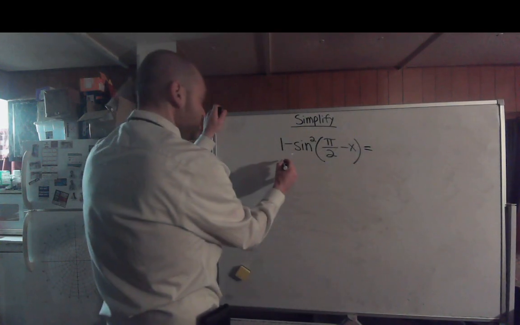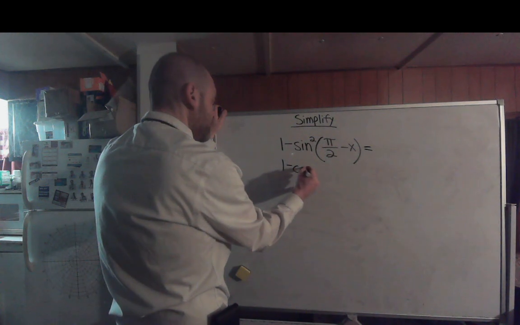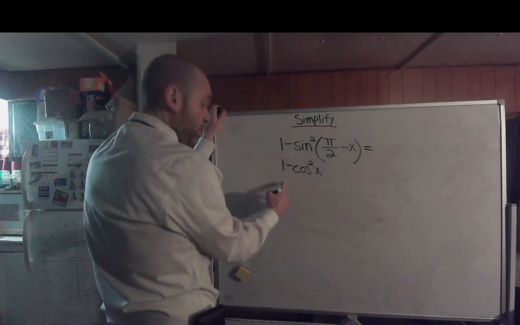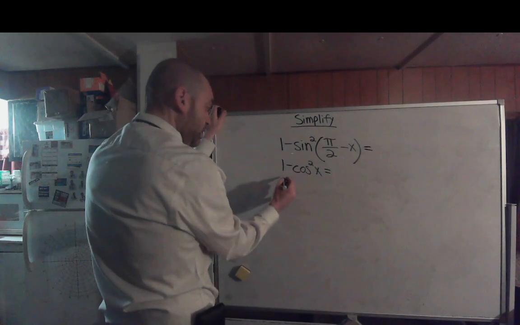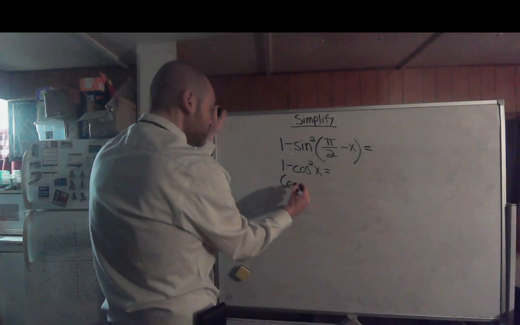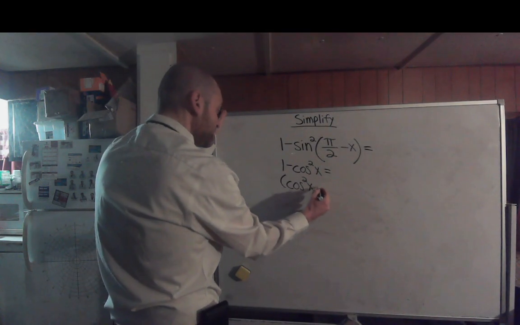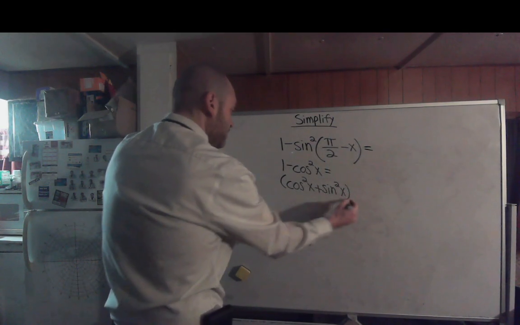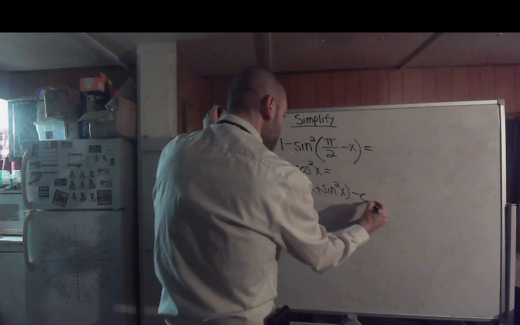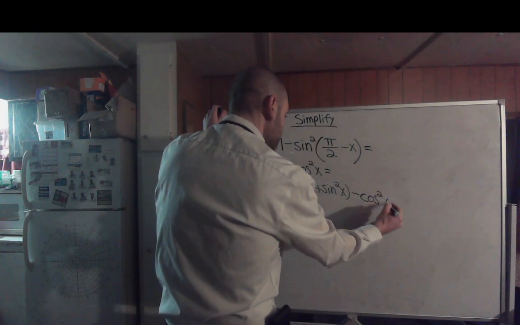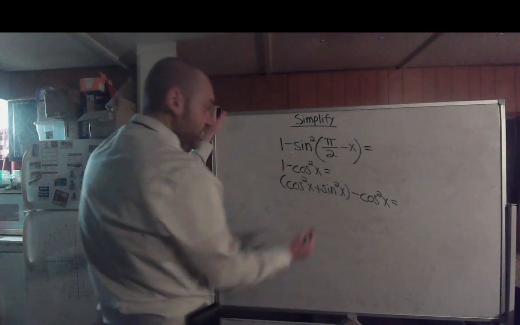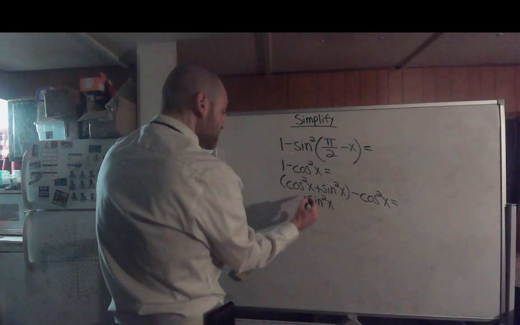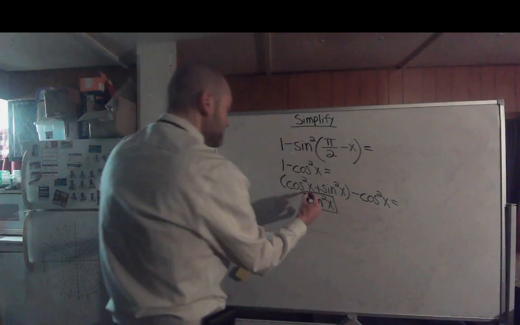So this would turn into 1 minus the cosine squared of simply x. Well, what's 1? 1 is going to be that cosine squared of x plus the sine squared of x. All that's for 1, then minus the cosine squared of x, which would just turn this into the sine squared of x. This would all just simplify into the sine squared of x.